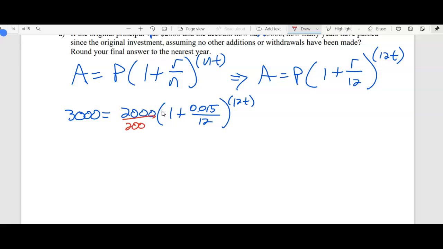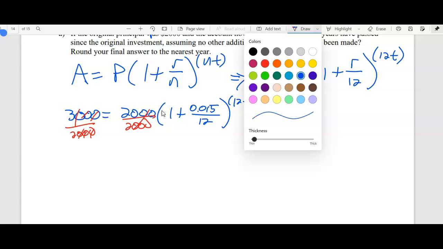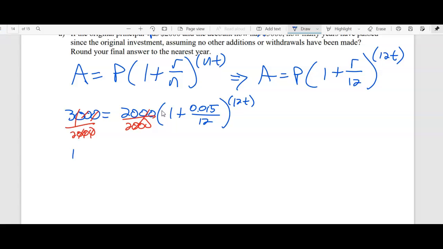Let's start off by dividing by 2,000, getting rid of that coefficient. Lots of stuff reduces. This is 3 halves, and I'm going to write it as 1.5 so I don't have a fraction. Now I'm careful not to round anywhere in this problem until the final step, because there's a temptation to work this stuff out and then approximate.